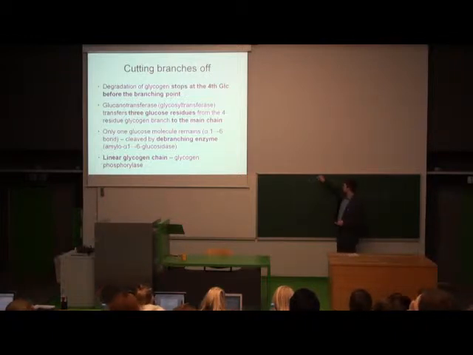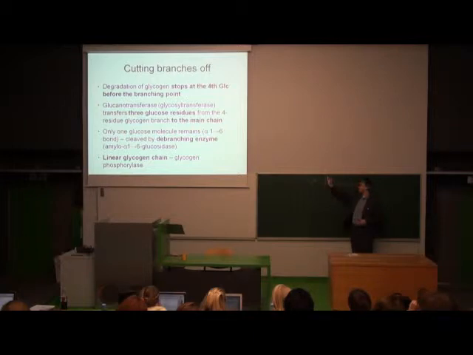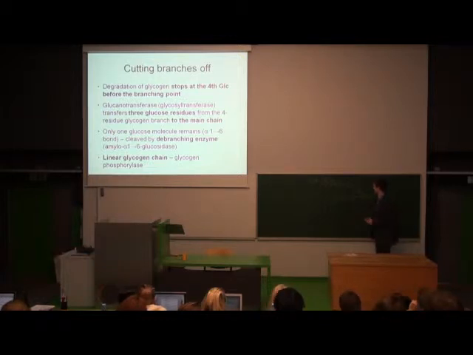So, this you can cut by glycogen phosphorylase. This you can also cut by glycogen phosphorylase. And now we have 1, 2, 3, and 4. And here the glycogen phosphorylase has to end. Yes, it cannot. Now you take the gluconotransferase that removes these 3 molecules.